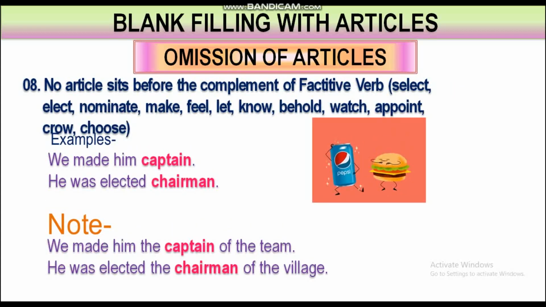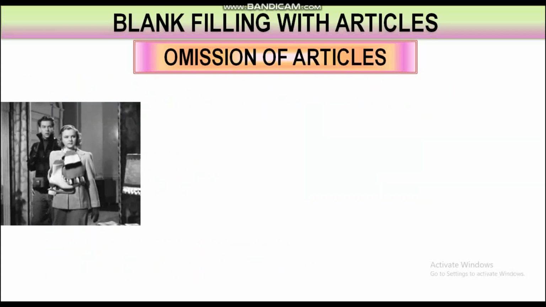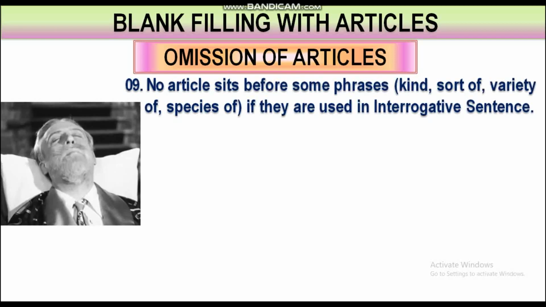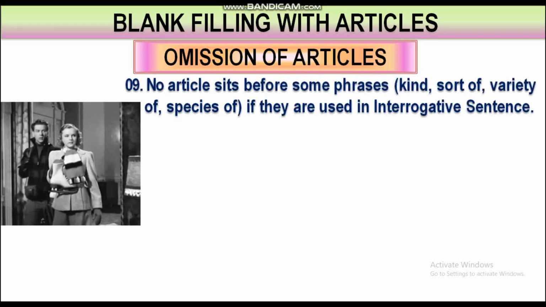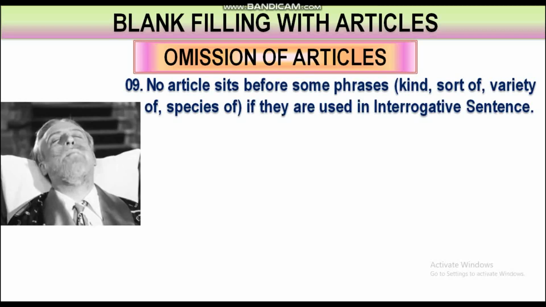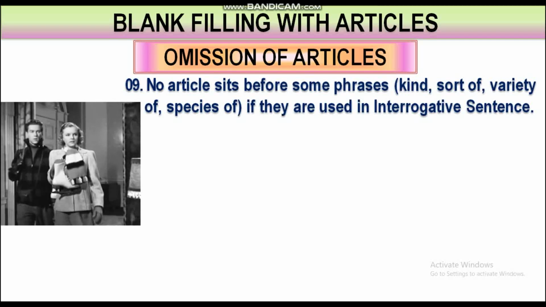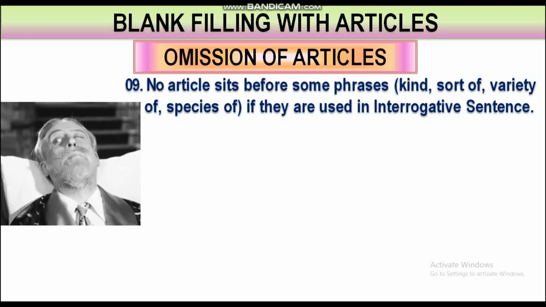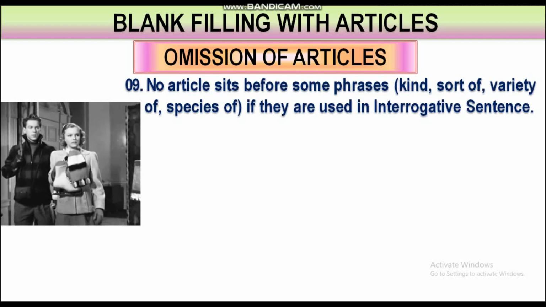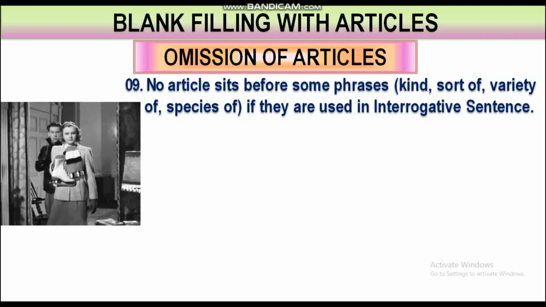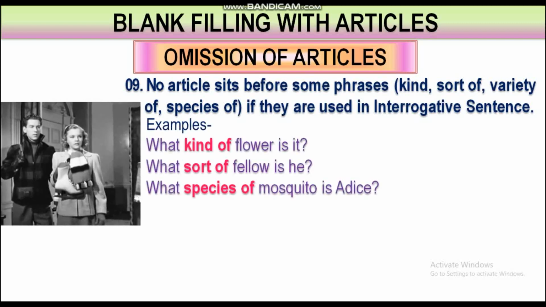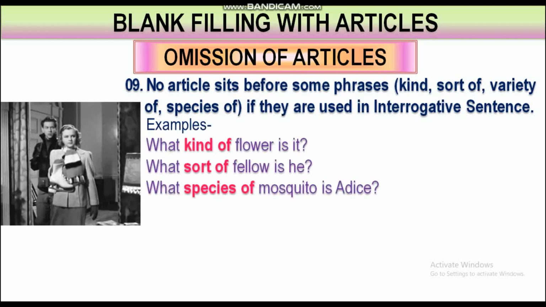Number 9. No article sits before some phrases like kind of, sort of, variety of, species of, if they are used in interrogative sentence. For example, what kind of flower is it?